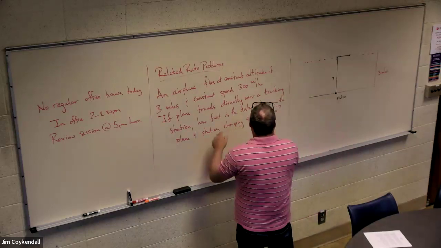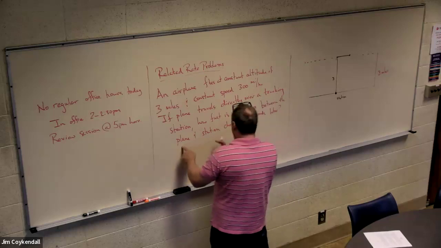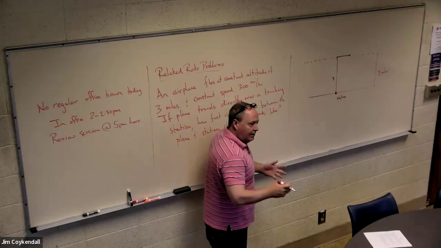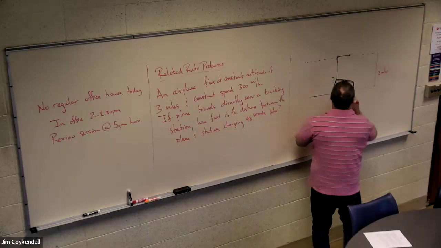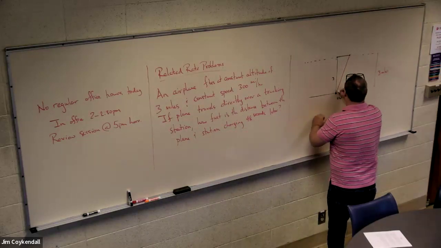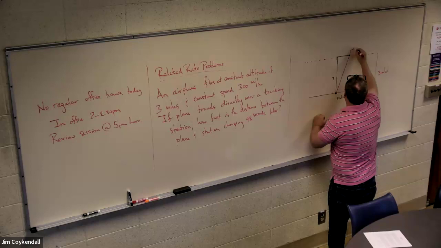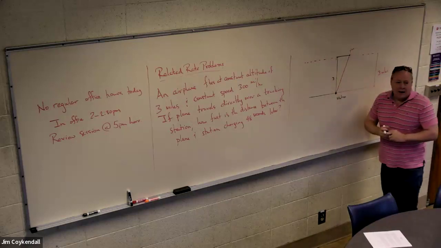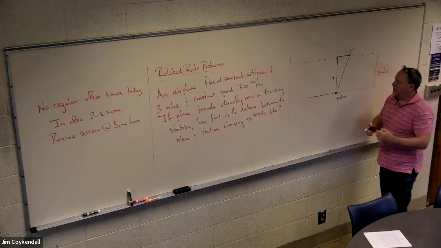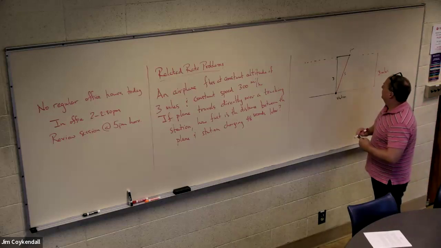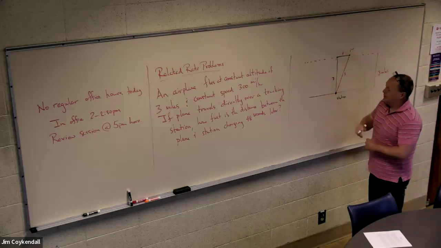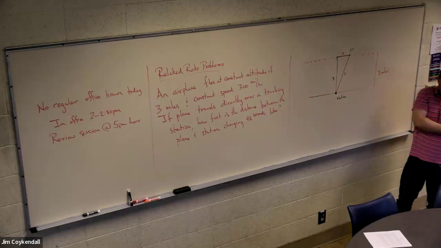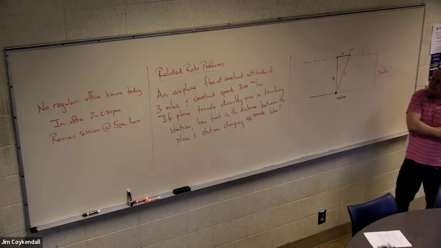The question is about the distance between the plane and the station, so I need to draw something between the plane and the station. Let's call this S, and let's call this X. It's always better to overlay them.